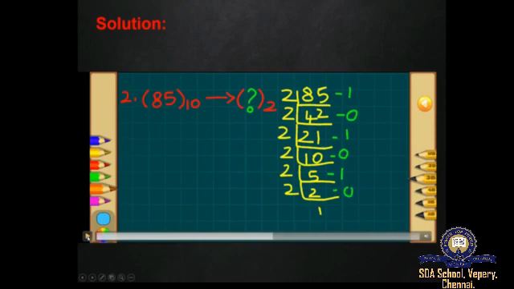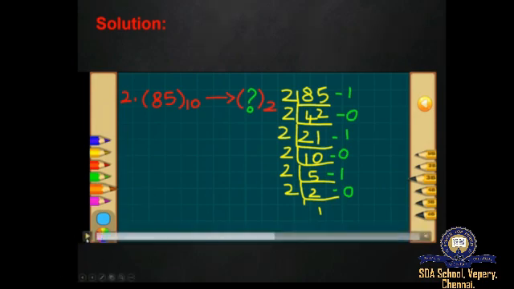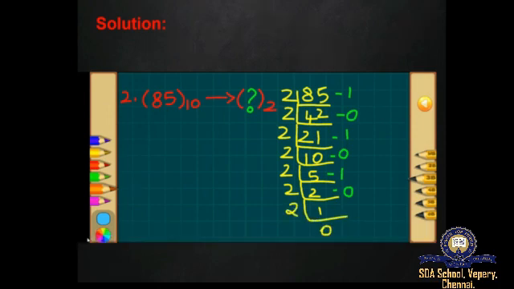Now we have to again divide the 1 by 2. Did you get 1 in 2 tables? No. So 2 into 0 we did not get 1. So our remainder will be 1.